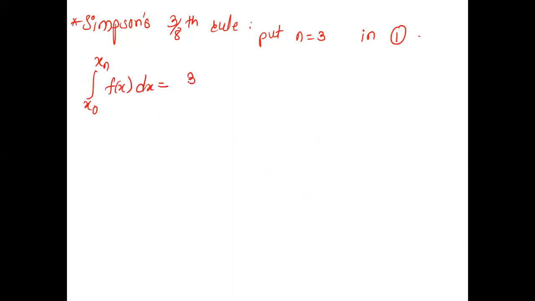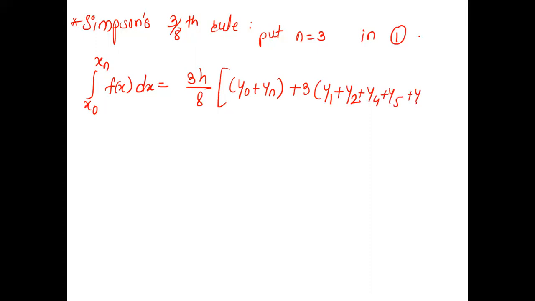It will be 3h by 8. For 1/3 it was h by 3, and trapezoidal is half. Into y naught plus yn, first plus last, plus 3 times y1, y2, y4, y5, y7, like that and so on, and plus 2 times y3, y6, y9, and so on.